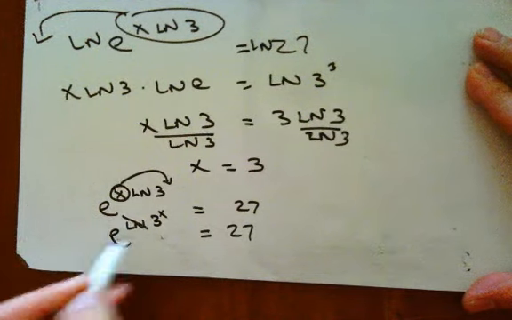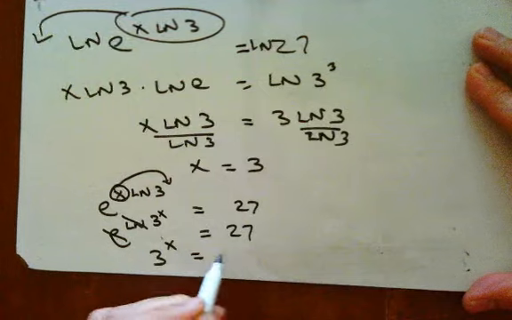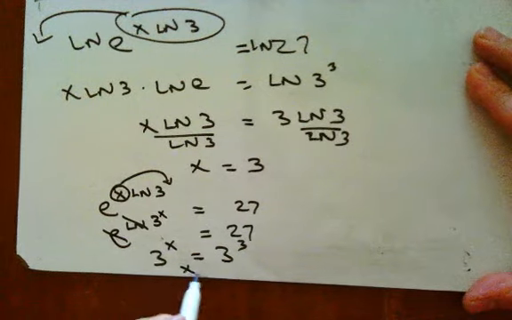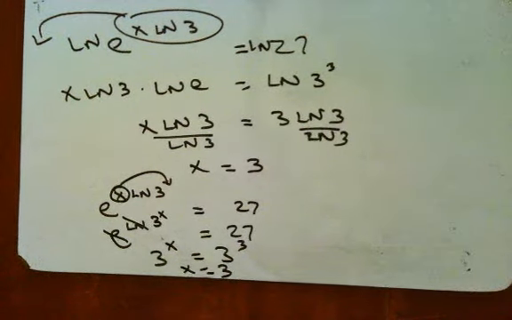But if we start off with the original equation, e to the x ln 3 equals 27, and we think about using the power rule in this exponential power, we rewrite this as e to the ln of 3 to the x equals 27. e to the power of log base e, these cancel, and we're left with 3 to the x equals 3 to the third, and so x equals 3. So we have a couple of ways of doing a problem like this.